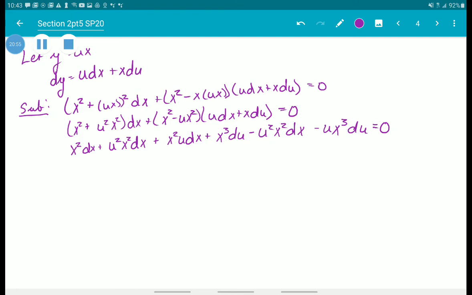So now we're going to look and see if anything's going to cancel. I see a u squared x squared dx that cancels. So I'm going to keep the dx terms on the left, and I'm going to move the du terms over.